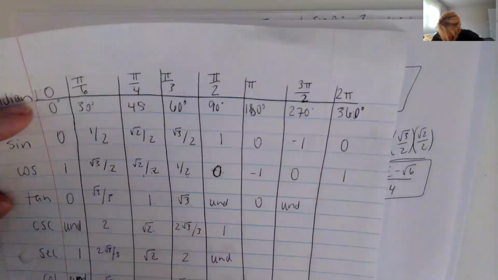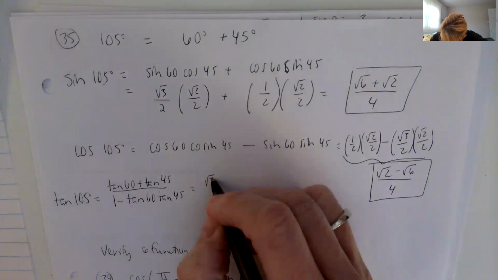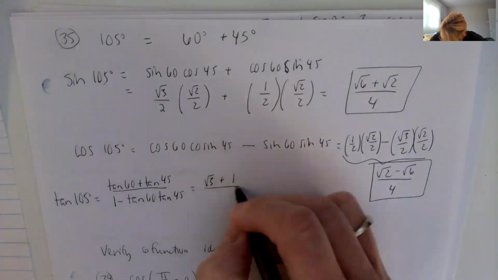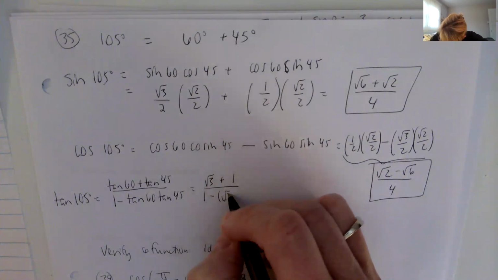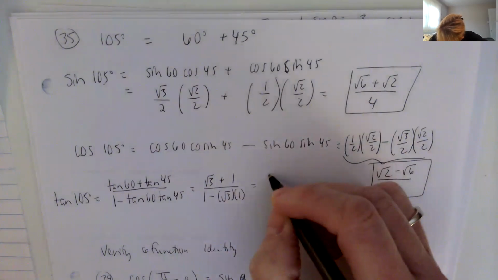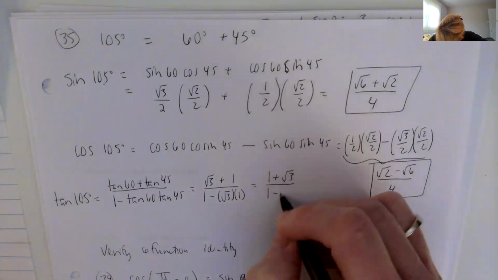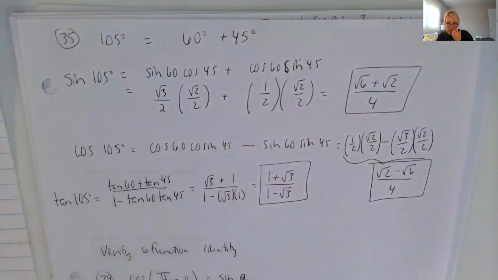Tangent of 60 is square root of 3, plus tangent at 45 is 1, over 1 minus tangent of 60, square root of 3, times 1. So we end up with 1 plus the square root of 3, I just like to put that first, over 1 minus the square root of 3. Okay.